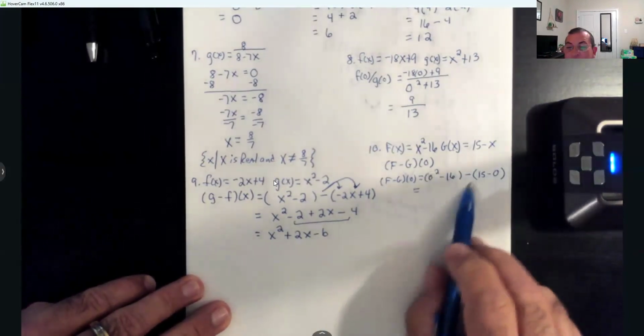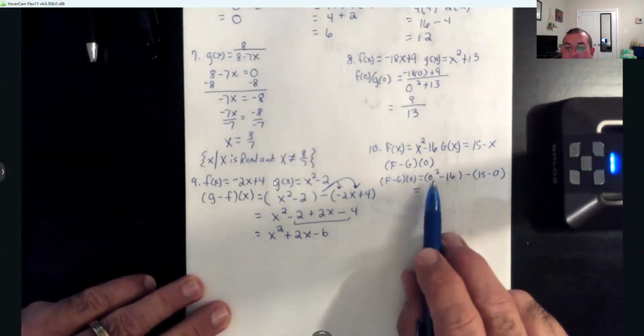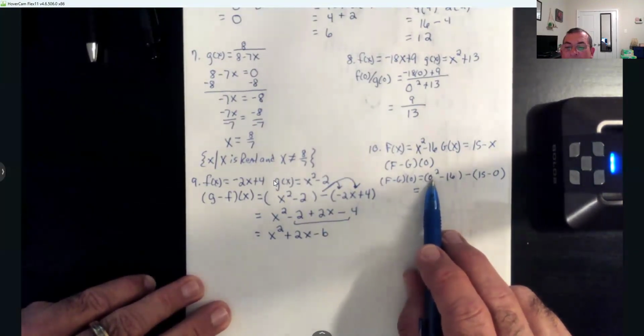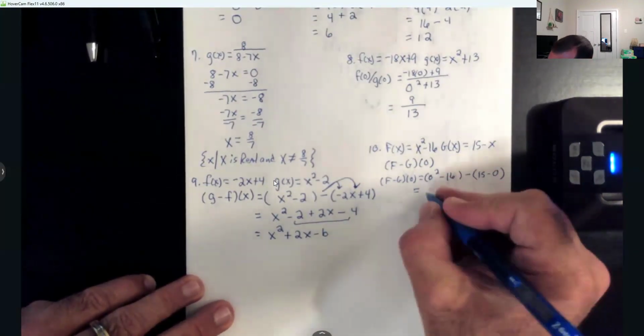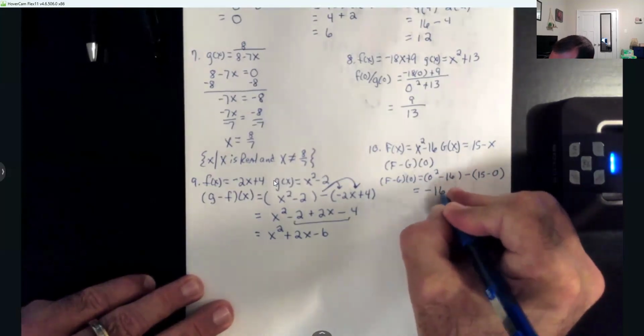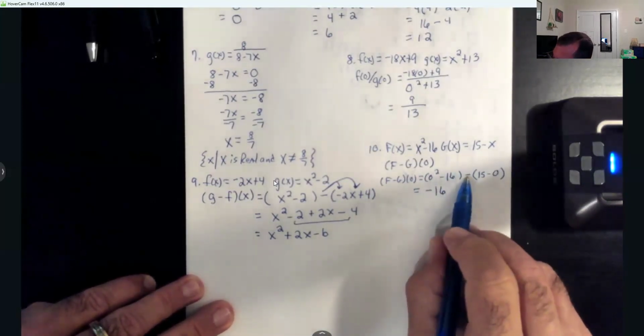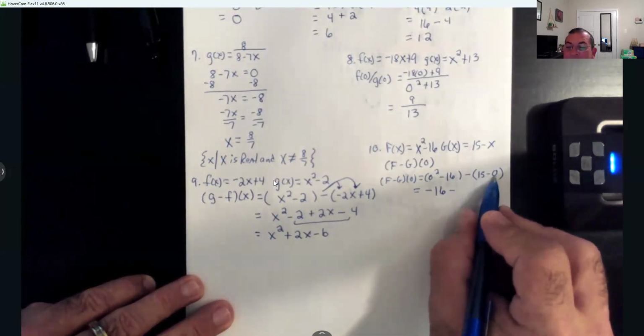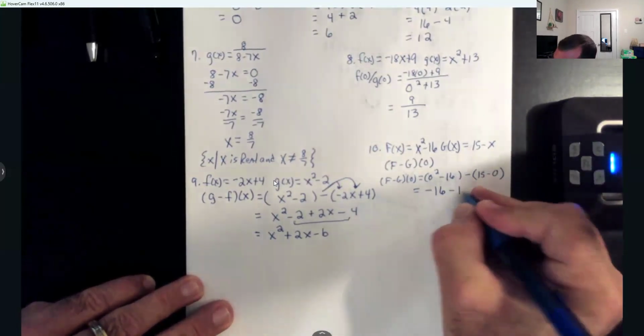Now this one I can just do a little order of operations. 0 squared is 0. And I get 0 minus 16, which is a negative 16. Then I got my minus. 15 minus 0 gives me 15.